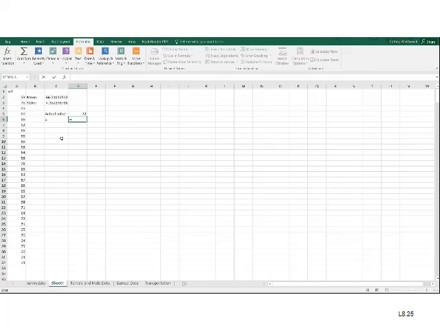The numerator needs to go in parentheses, so I'll start with parentheses. And this is going to be equal to the actual value, which is entered here. I'm just going to click there to enter the value from that cell. I'll click minus. And then I want to subtract the mean, so I'll click in the cell that has the mean. I'll close the parentheses, and I want that divided by the standard deviation. I'll click on the standard deviation to enter that. And I push enter, and that gives us a z-score of 1.31.